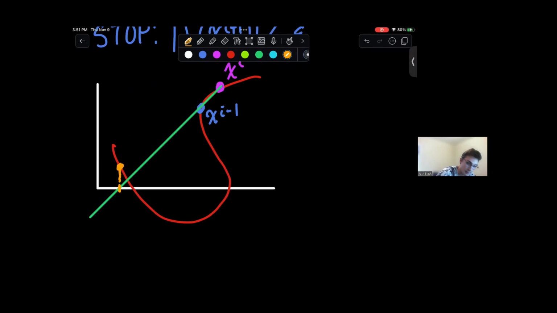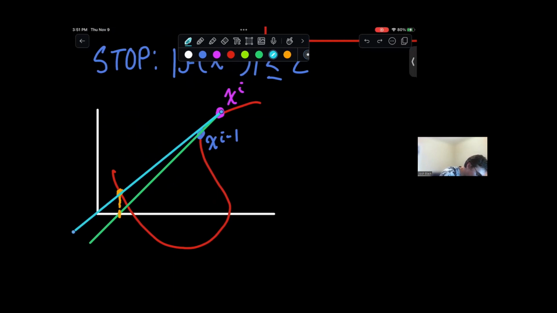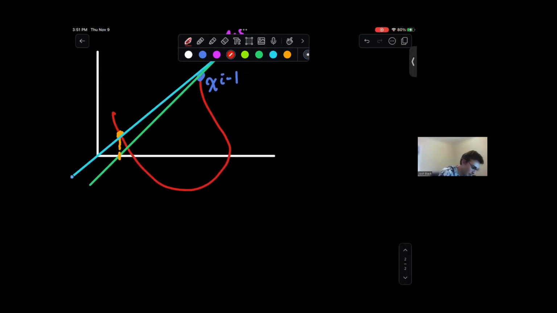Now, I'm looking at this and I'm kind of regretting drawing it because I'm going to get a poor guess for my next one, where I'm going to draw a line from now my older xi. I'm going to draw it through here and look at where my solution is. I actually don't have it, it's kind of not in my function, right?